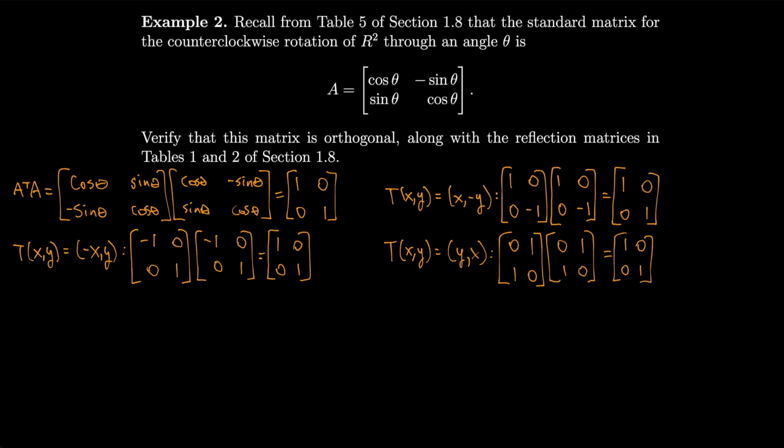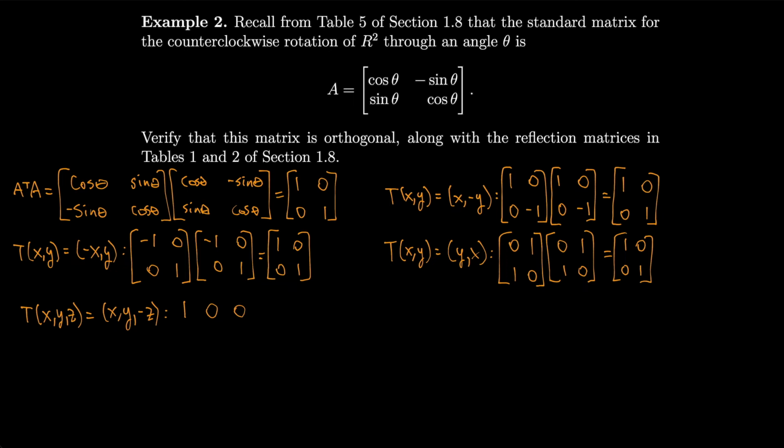Okay, how about those three-dimensional ones? Let's look at the matrix that took x, y, z and made it x, y, minus z. It shouldn't be too surprising that, again, transposing these matrices doesn't change them. But I'll write it out anyway.